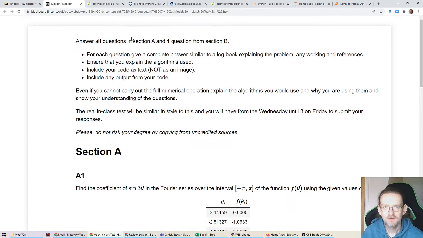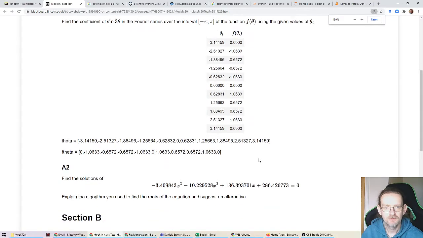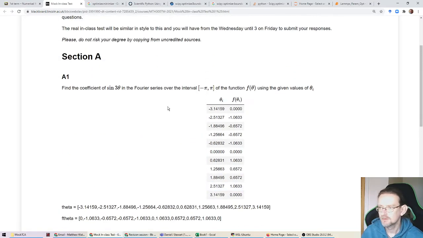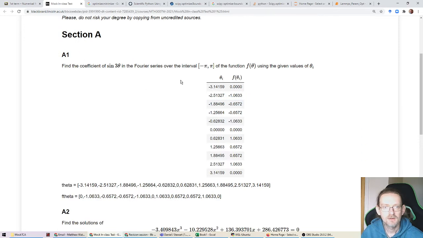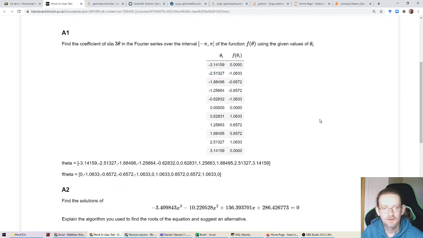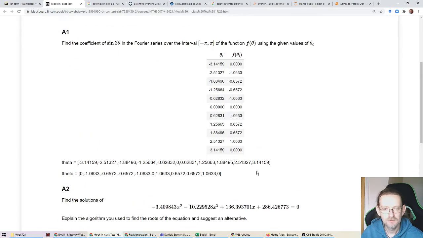In section A, you should find a couple of questions that look more or less familiar. They're very close to questions or examples I've put in the lectures or to assessments that you've done. So hopefully you can have a good go at those.